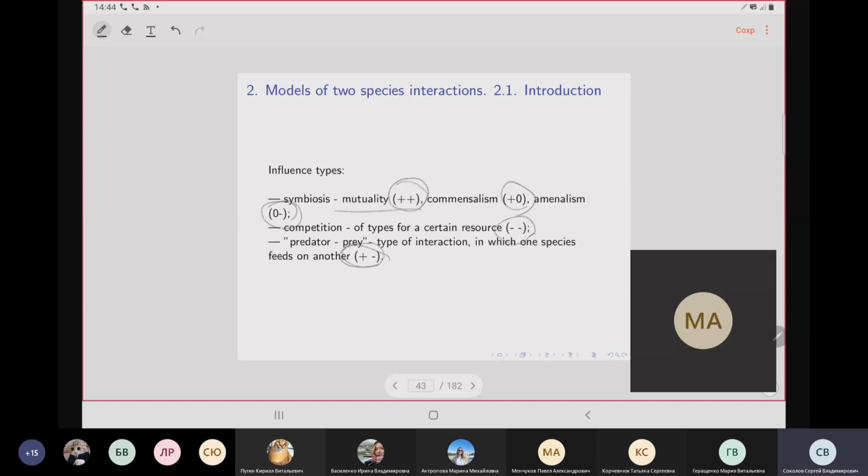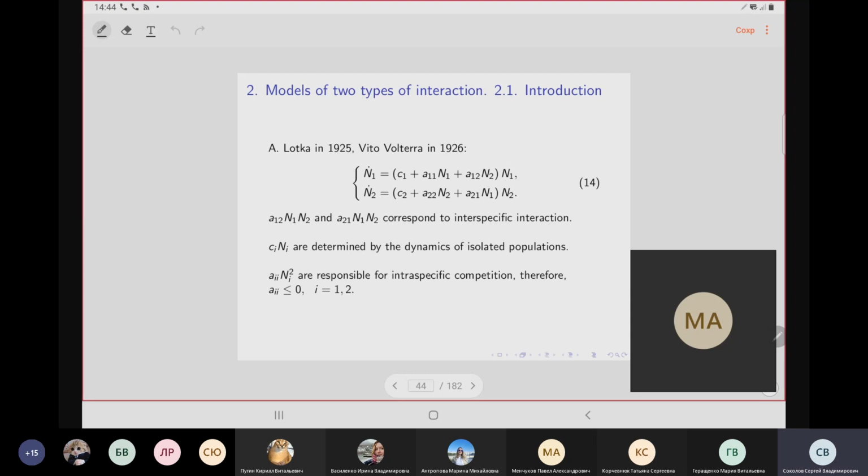What about the equations? Alfred Lotka in 1925 and Vito Volterra in 1926 separately introduced the simplest model of two species interaction. Let us see what all of these coefficients mean.